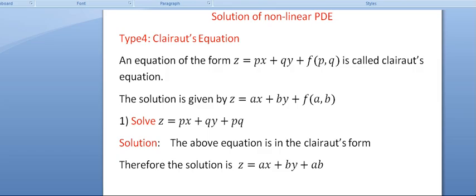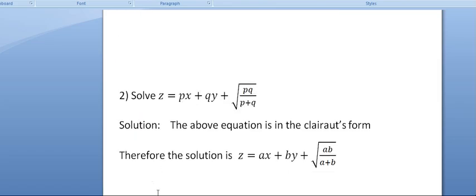So let us take one more problem of this now. Solve z is equal to px plus qy plus square root of pq divided by p plus q. So again this will be in the Clairaut's form, because left hand side I am having z, right hand side first I am having px plus qy, and the remaining term is a function of pq.